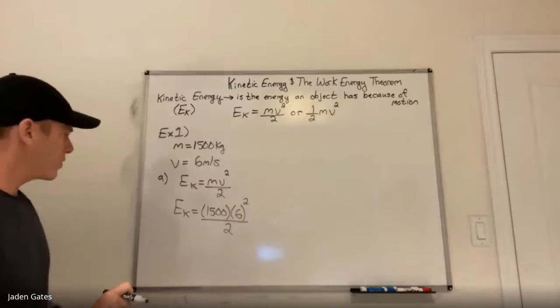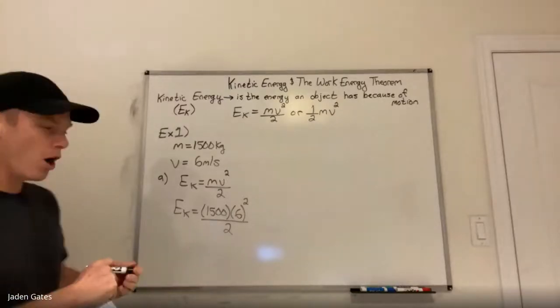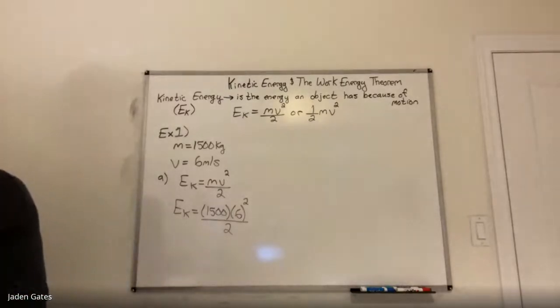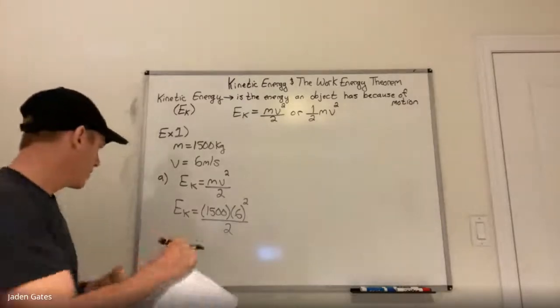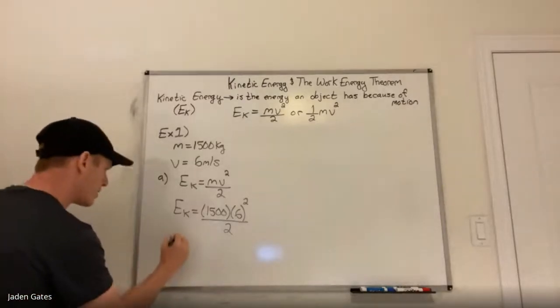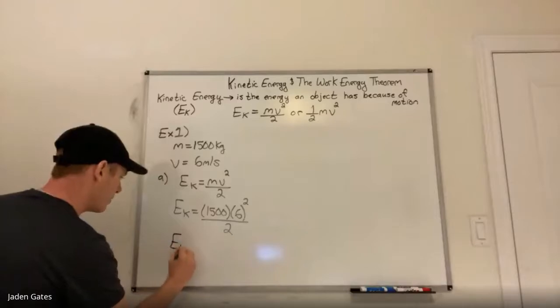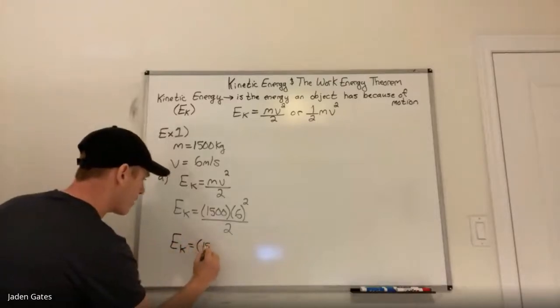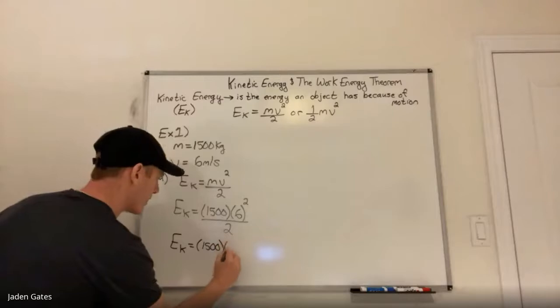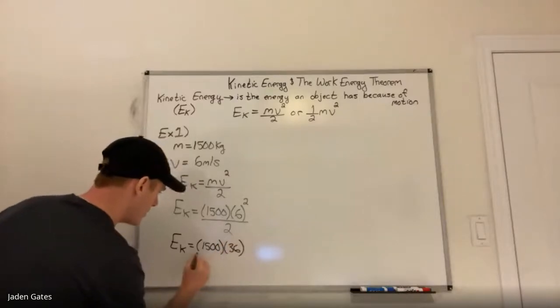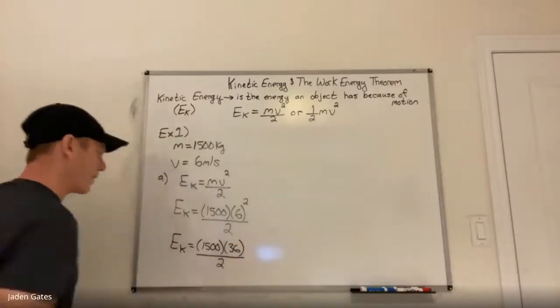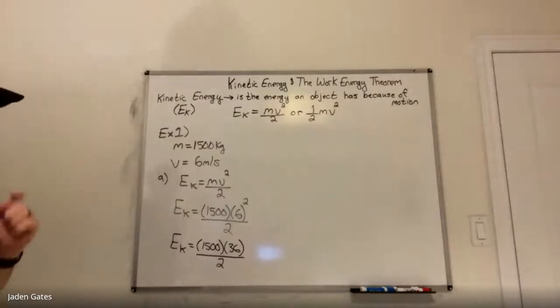And of course, when you're following these formulas, you always have to follow BEDMAS. There's my math teacher experience coming in. So we have to do that exponent first. We have 1,500, and 6 times 6 is 36. And then, of course, we divide by 2. Now I can do it all in one step: 1,500 times 36, then divided by 2.